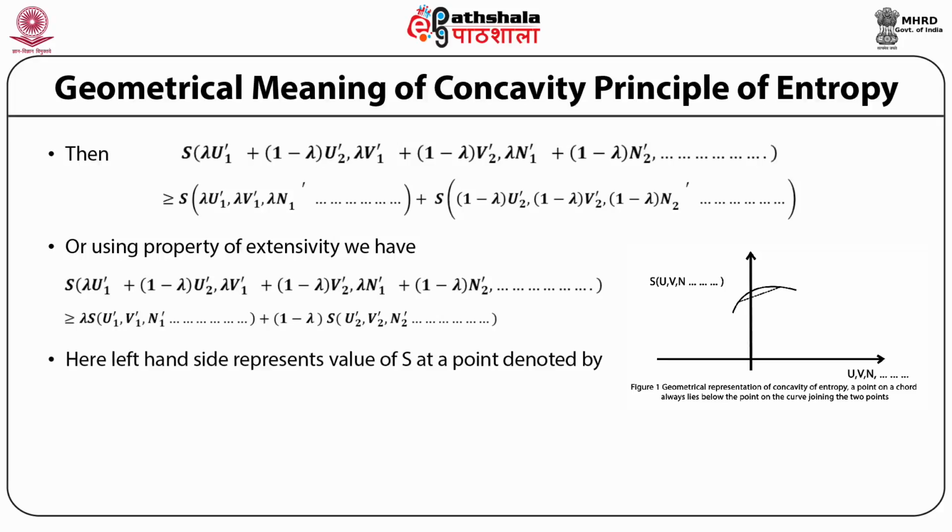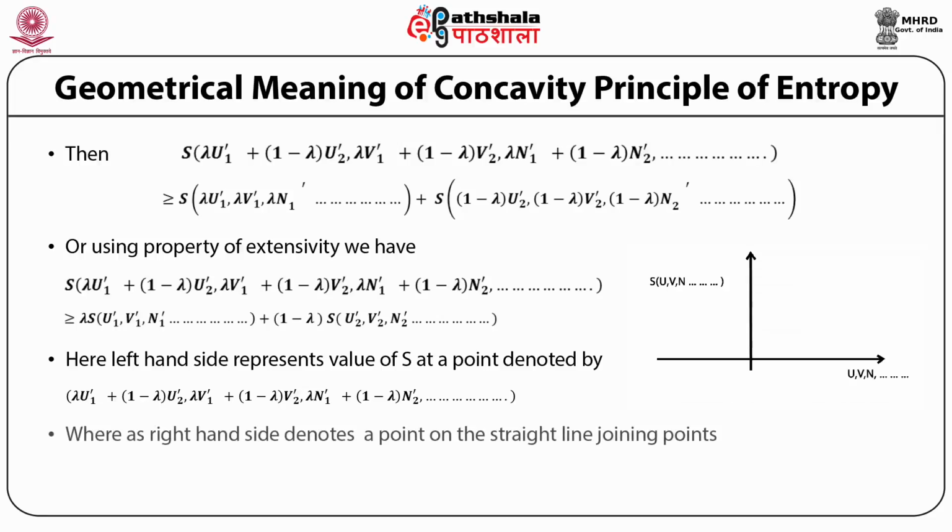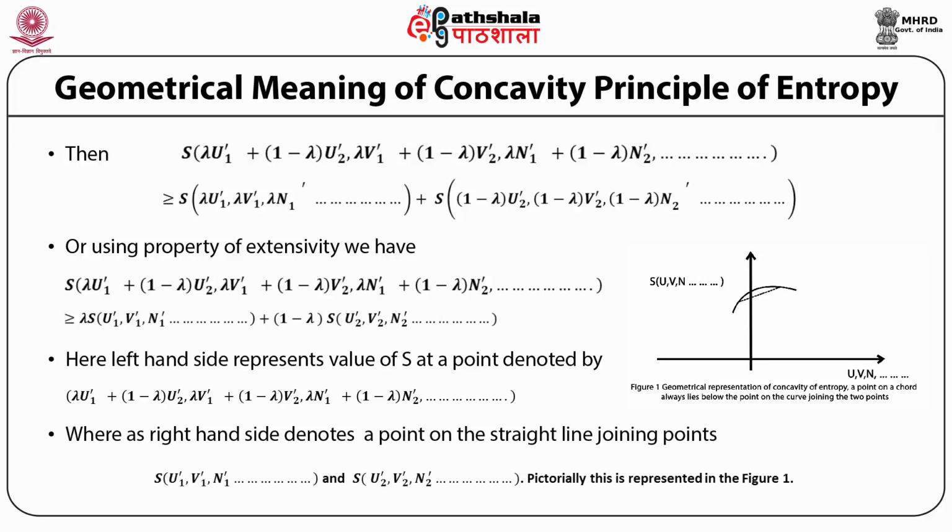Here, the left hand side represents the value of S at a point denoted by lambda u1 dash plus 1 minus lambda u2 dash, comma, lambda v1 dash plus 1 minus lambda v2 dash, comma, lambda n1 dash plus 1 minus lambda n2 dash, and so on, whereas the right hand side denotes a point on the straight line joining the points S as a function of u1 dash, v1 dash, n1 dash and so on, and S as a function of u2 dash, v2 dash, n2 dash and so on.